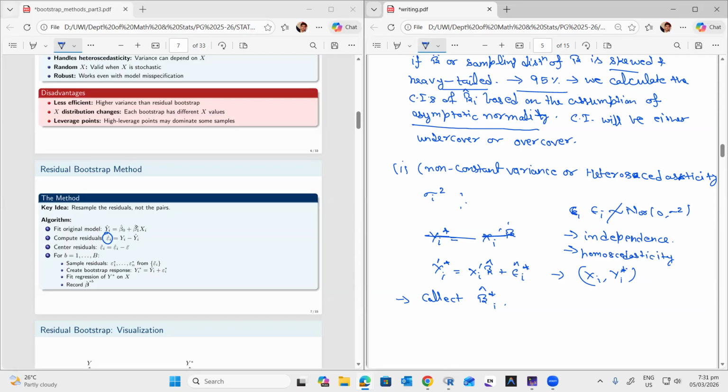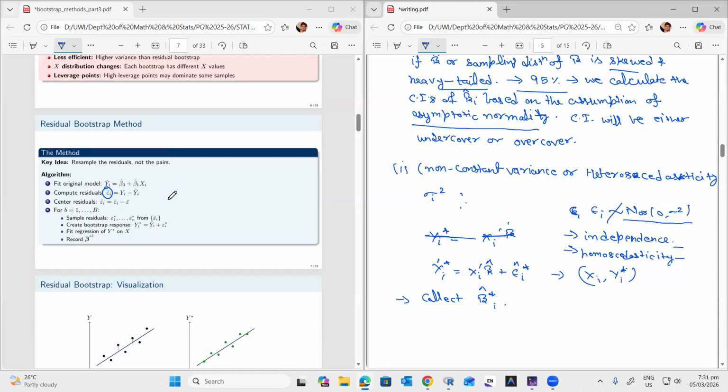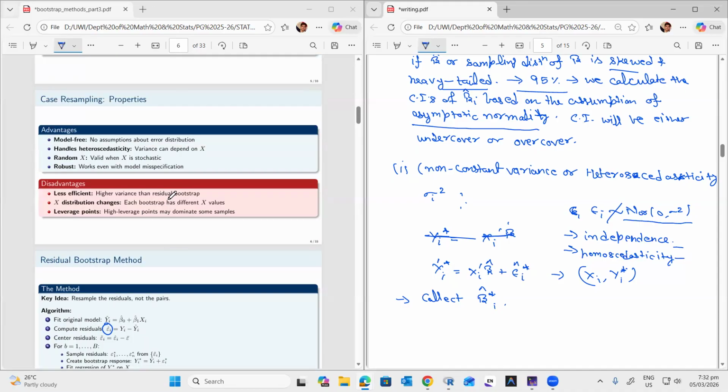These two assumptions it should follow, but it should not follow the normal distribution. It may have a different model. And then we have other models also, but we are going to talk about these two models.